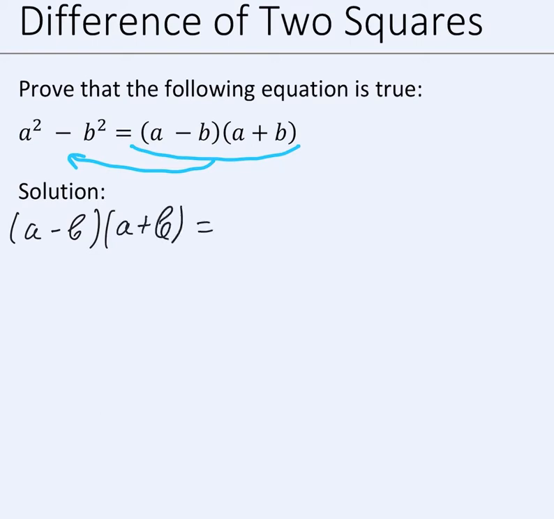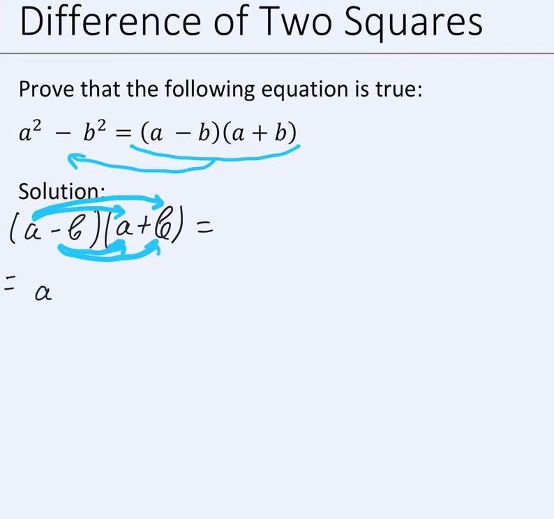So I'm rewriting the right side of the equation as a first step, and then I'm going to open parentheses. I'm going to multiply a by a, then a by b, then negative b by a, and negative b by b.